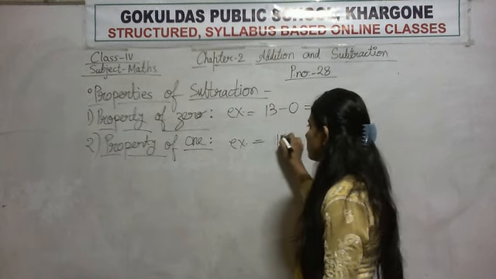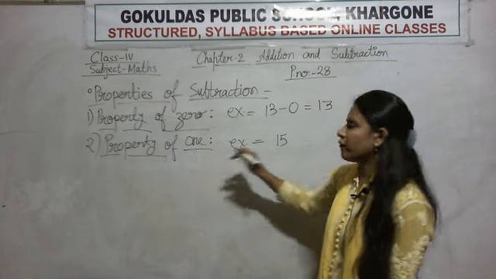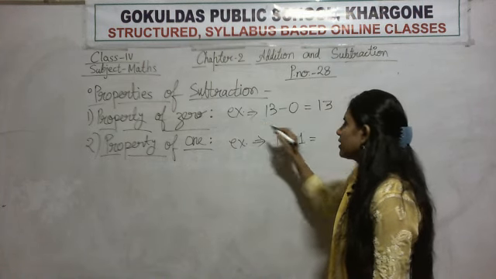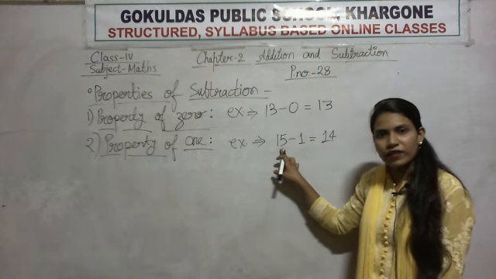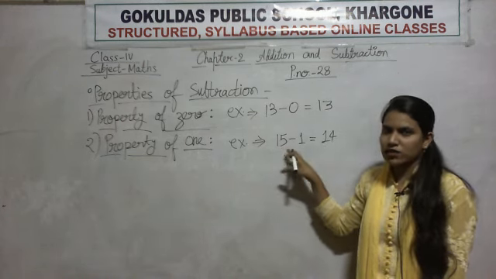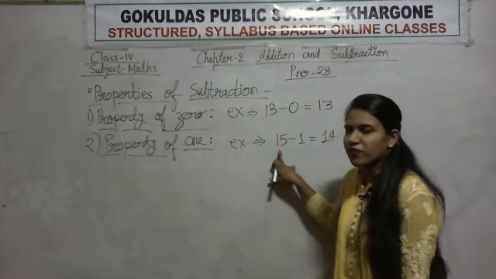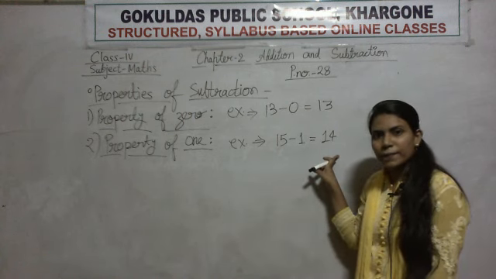If you are subtracting 1 from it, what will you get? You will get 14. So 14 is the just before roll number of 15.